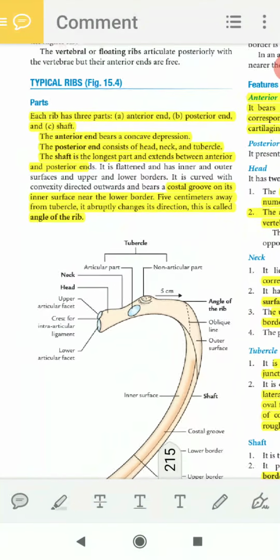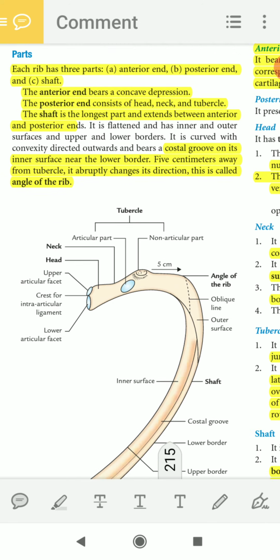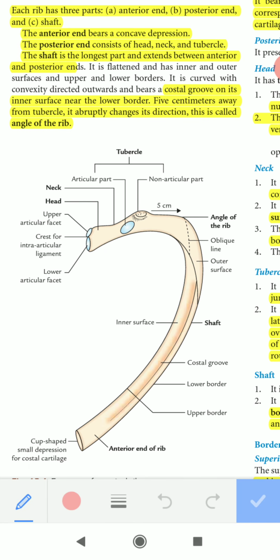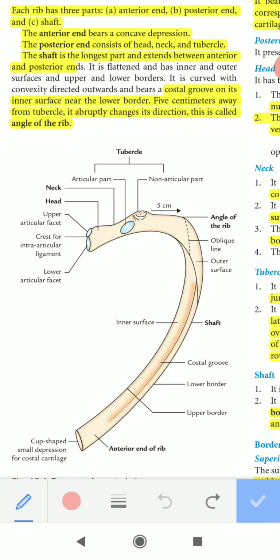Now we will start with the typical ribs. The typical ribs have general features in common. So each rib has 3 parts: anterior end, the posterior end and the shaft. Okay, so the typical rib has 3 parts: anterior end, posterior end and the shaft. Look at that, the anterior end bears a concave depression.